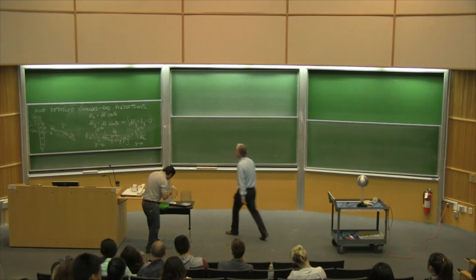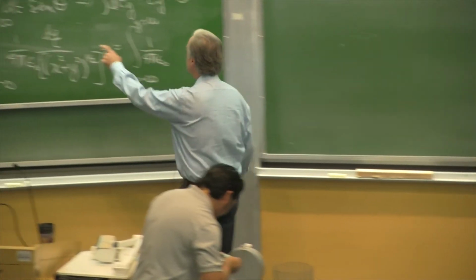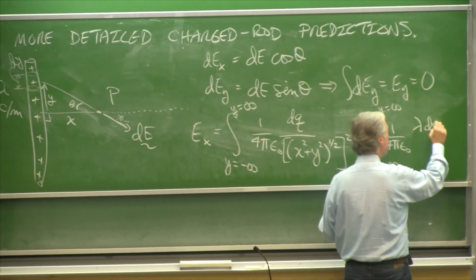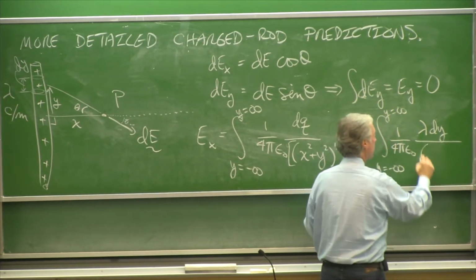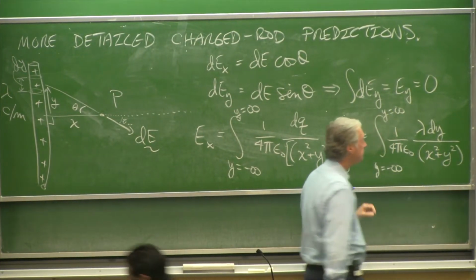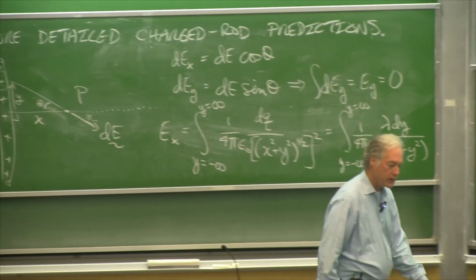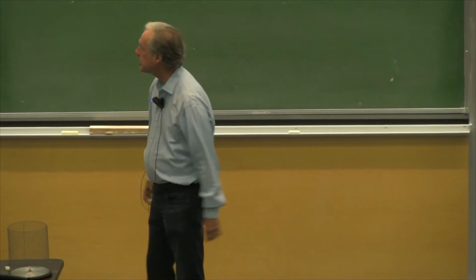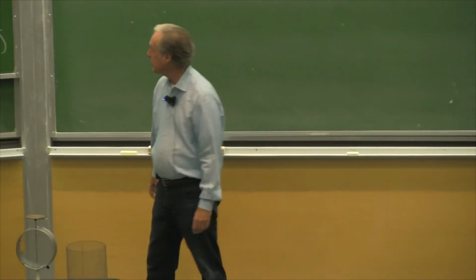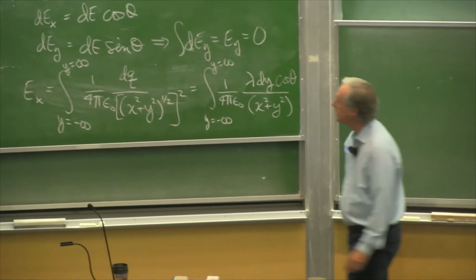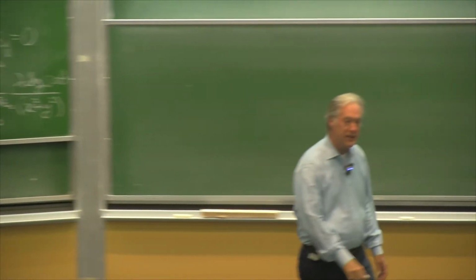We could figure out what the mass per chunk was. Now we're going to do charge per chunk, so that's going to be lambda times dy. And down here is x squared plus y squared. Okay, we also have to put in the x element of it. So we have to put in our cosine theta factor that we have for looking at the x component.